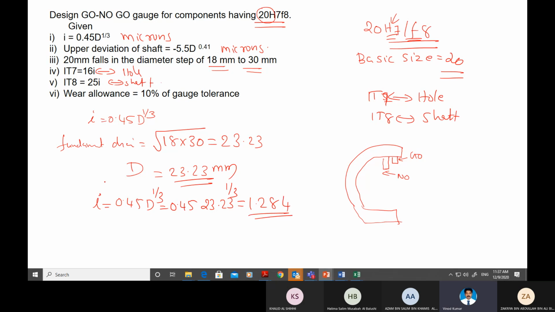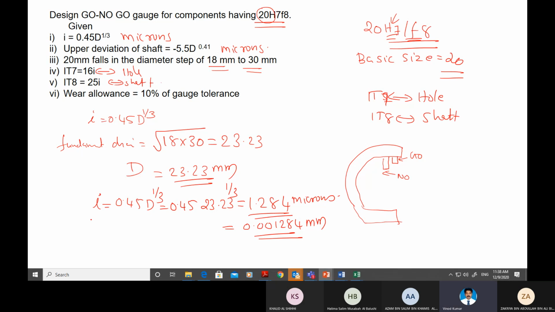This is all about I. We got the I value in microns. So in millimeter, I can say 0.001284 millimeter. That is I.